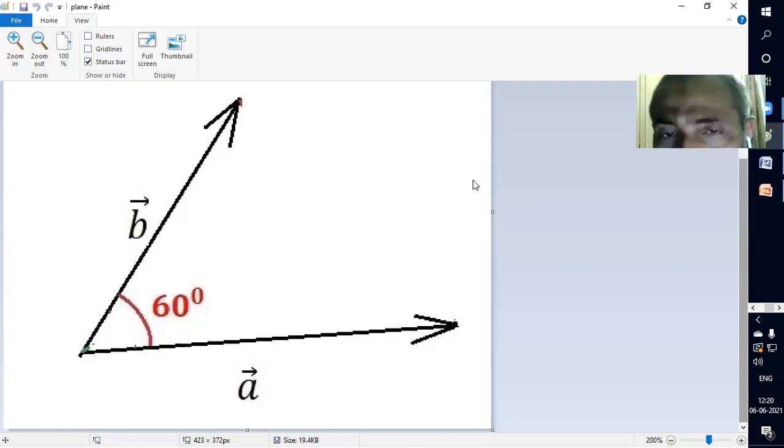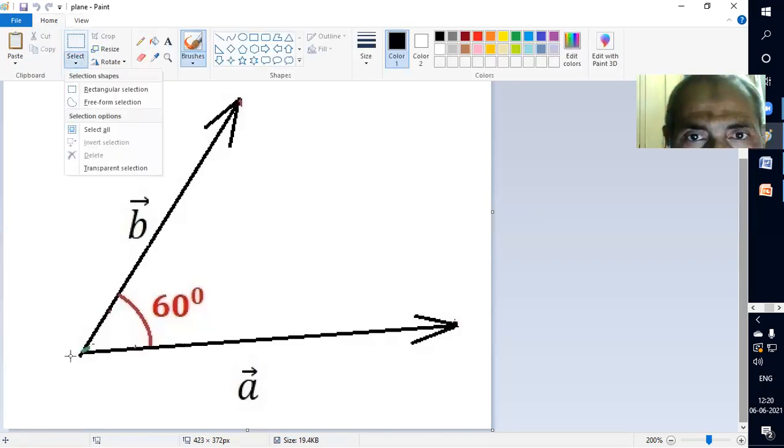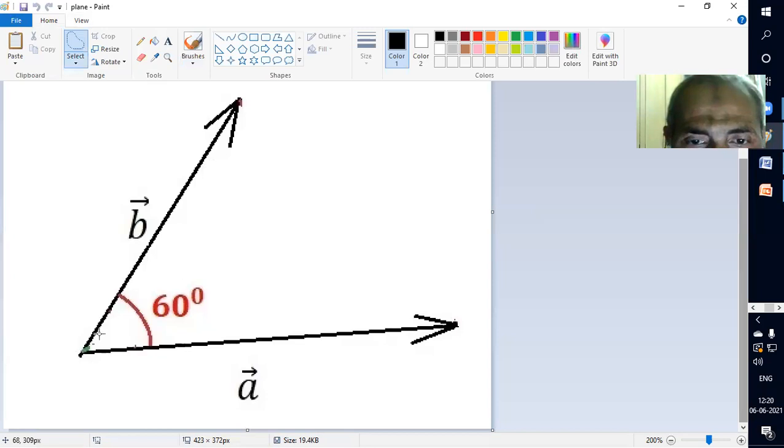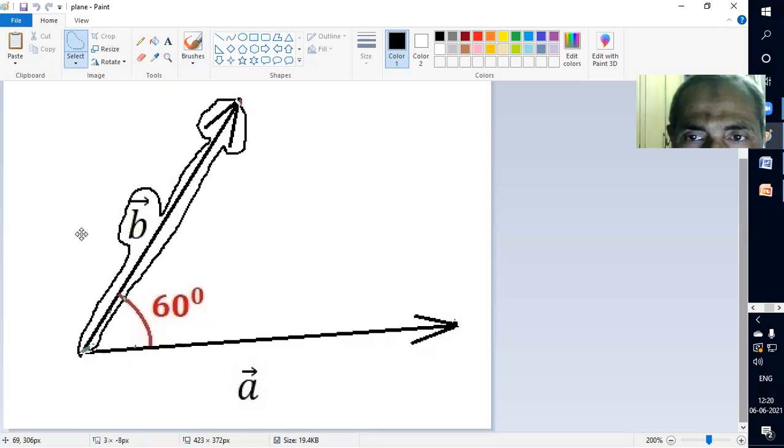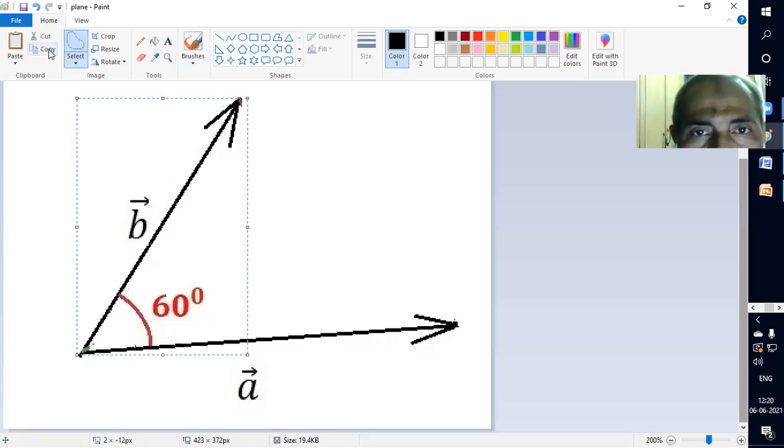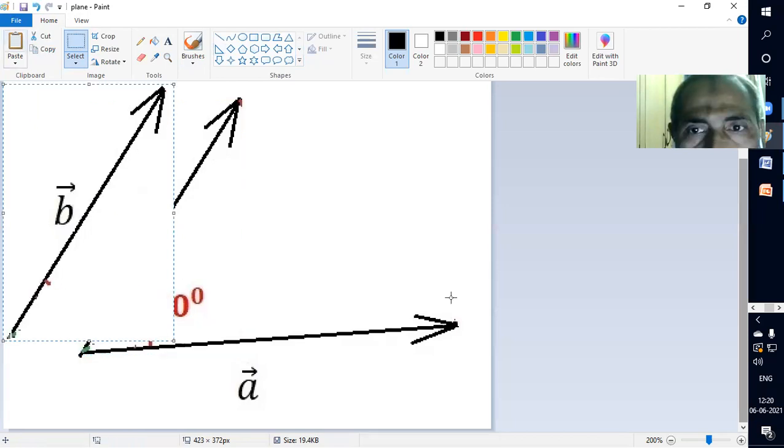Let's see. This is the vector B. As it is permitted, I'll take a copy here. This is vector B. I'm taking a copy here. Then let me take it here like this.